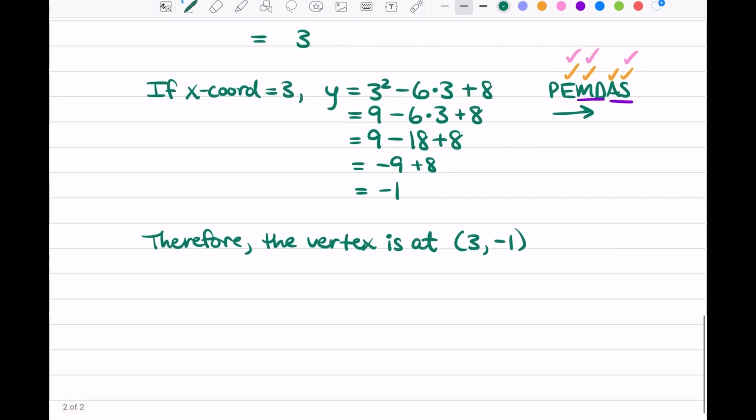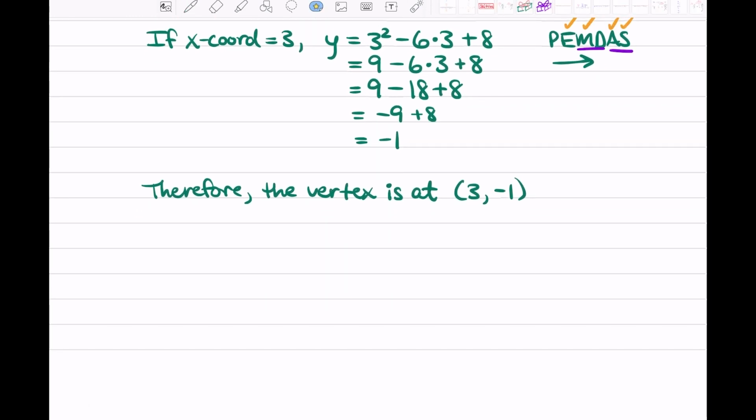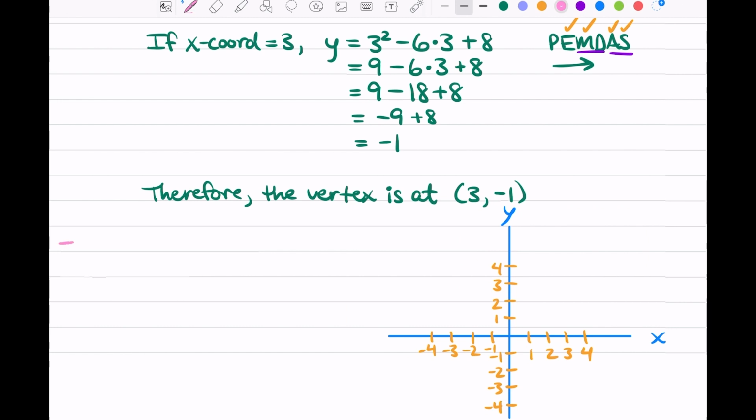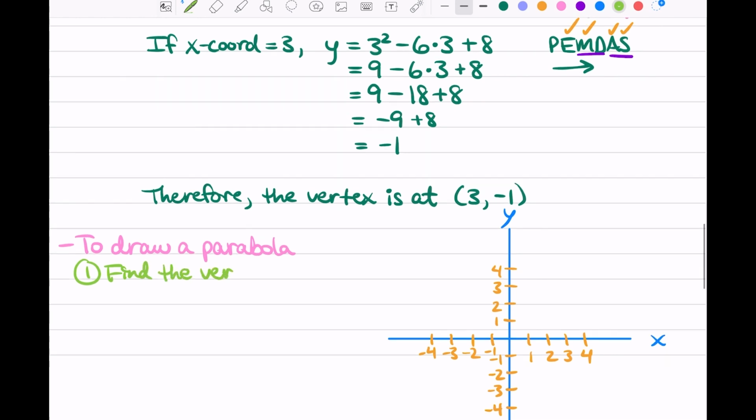Let's go ahead and draw this parabola. Let's bring out a chart. There are a couple steps to follow to draw a parabola. First step, which we already did, is to find the vertex. We found that our vertex is at 3, negative 1, so we can plot that on the graph.